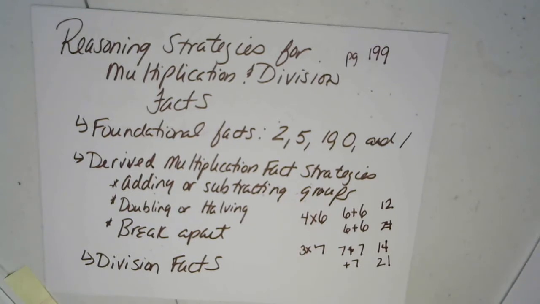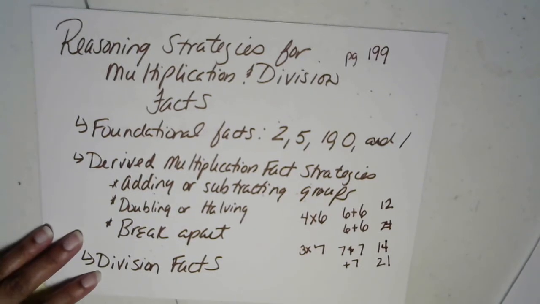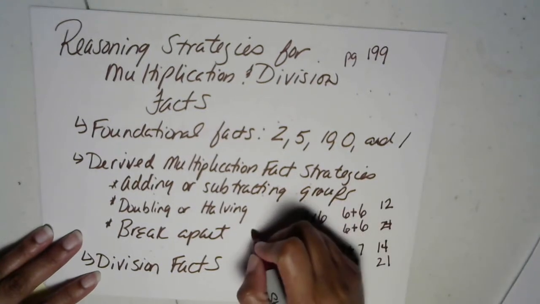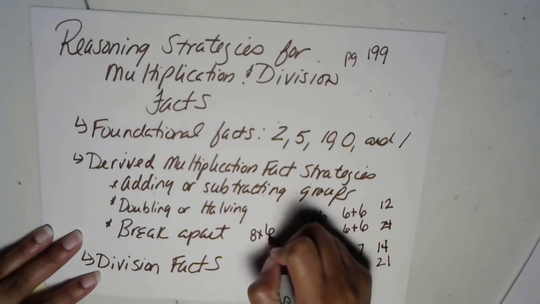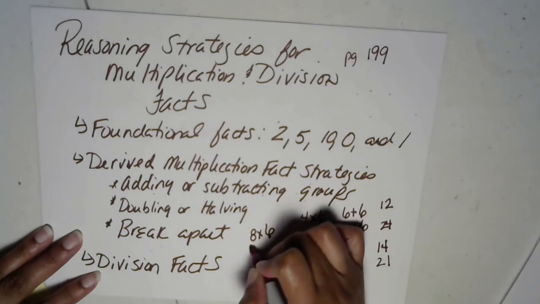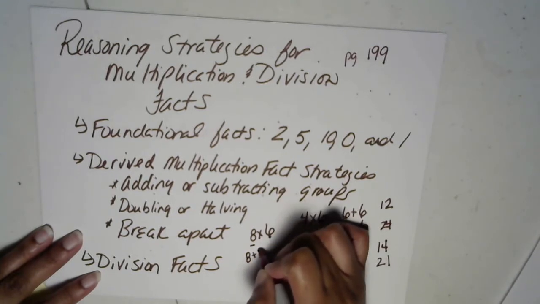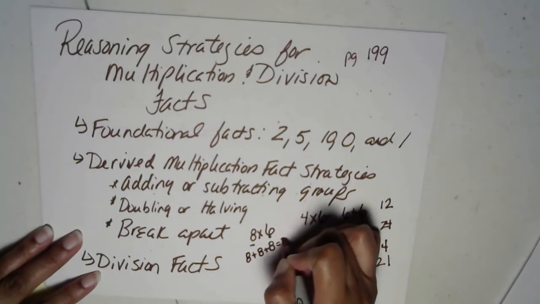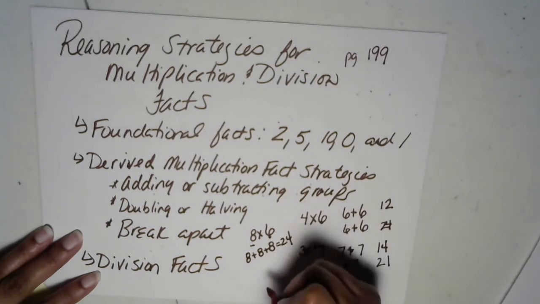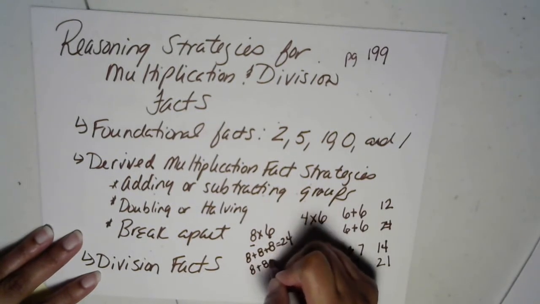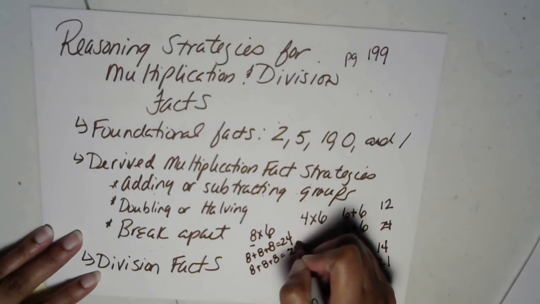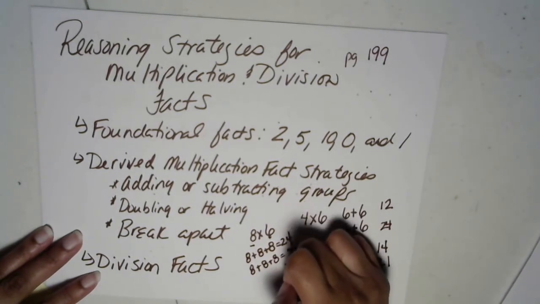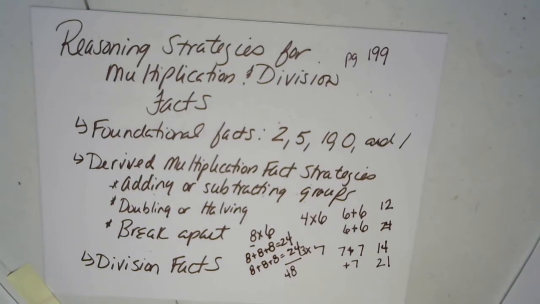Oh, we can do half, then double. So in the problem 8 times 6, we could do 8 times 3 equals 24, and then 8 times 3 again is 24, and the double is 48. Different strategies for attacking problems.